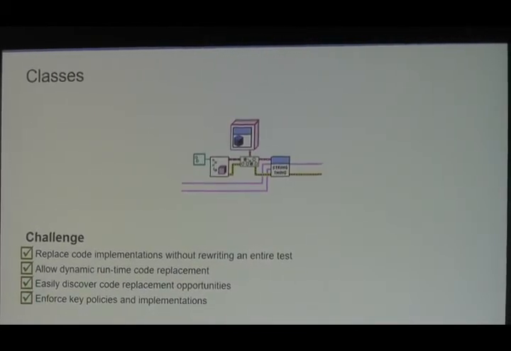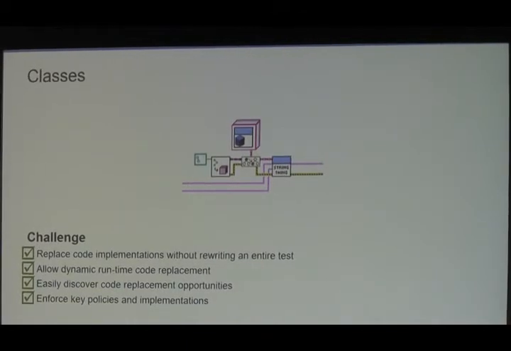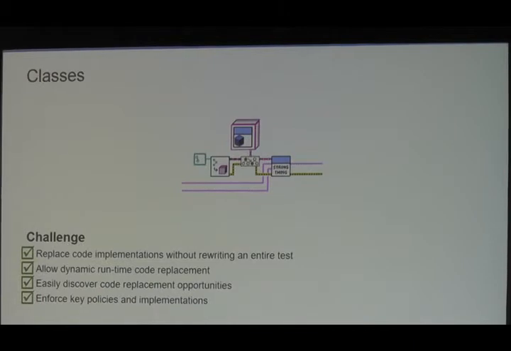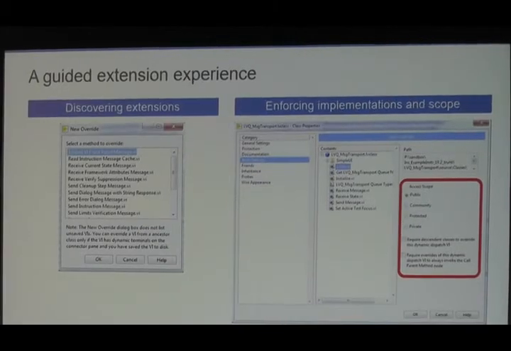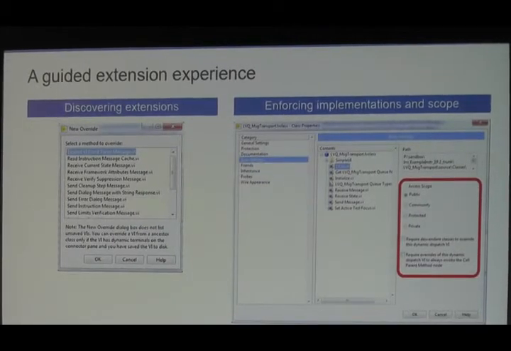And so enter classes. And I know classes have their place, and there's reasons to use VI Server over classes sometimes. We are using classes in this design, and you will see it throughout the presentation. They really work well for what we're looking for. And you can see I got all these green check marks. The reason that we really like classes is it provides a guided extension experience. It's not just a VI call on a block diagram.